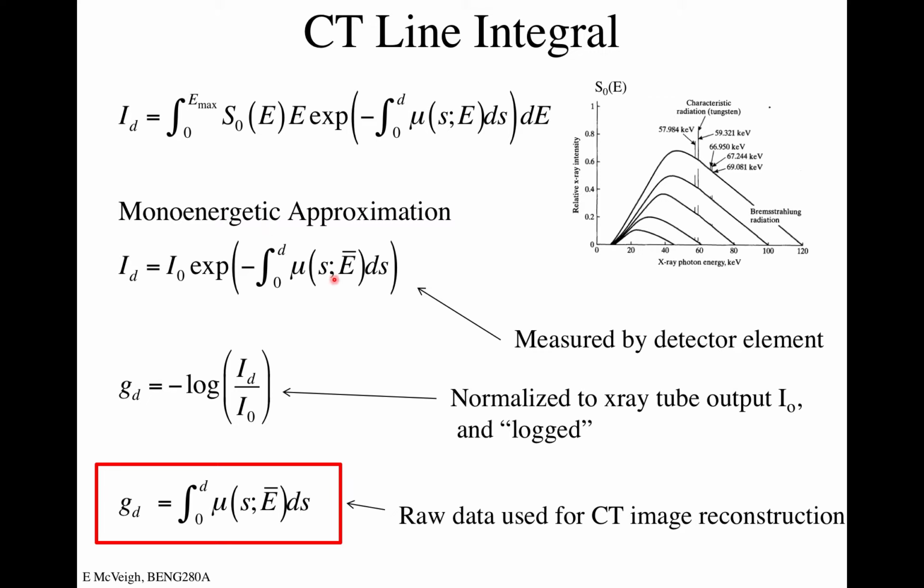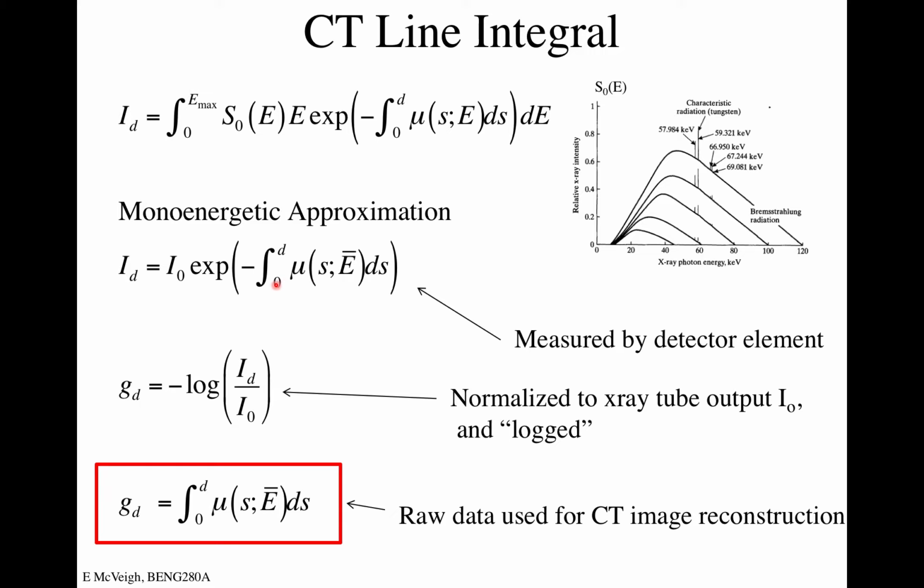We're going to do a monoenergetic approximation, so this integral just gets reduced to making mu a value with just one value in terms of energy, the average energy. We'll just plug that in and use that. Makes life easier.